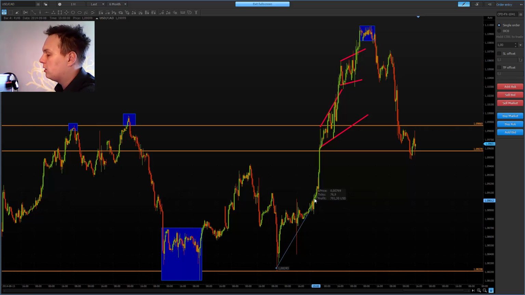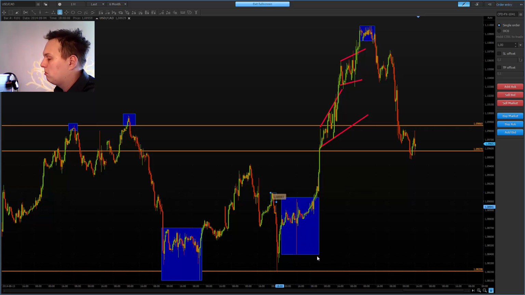Here we don't have a clear base, but clearly we have demand, very strong demand, which shot the price up to the top side, but it's hard to find a base here, okay. We could try to mark this place, but to be conservative we need to take the whole range, whatever it is.